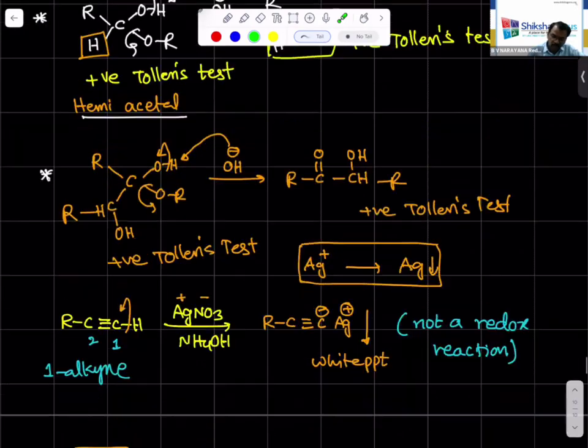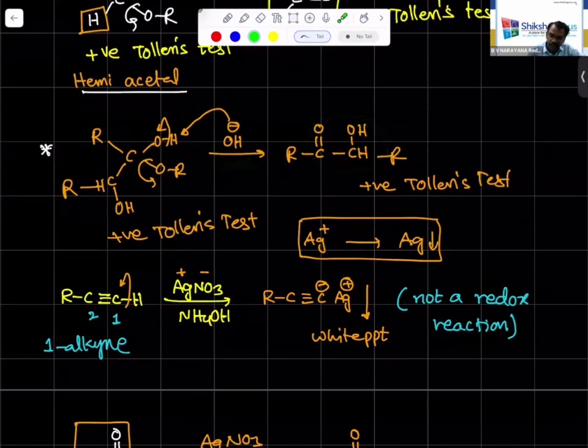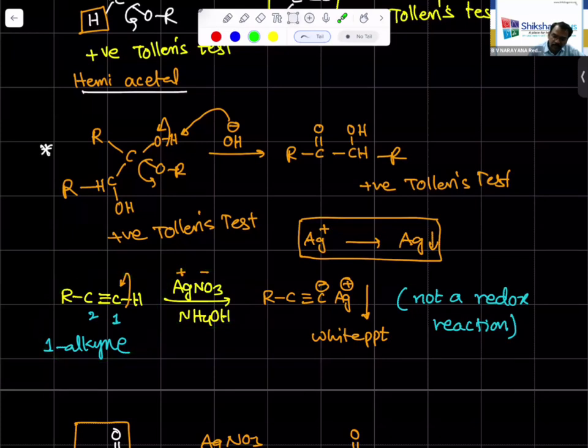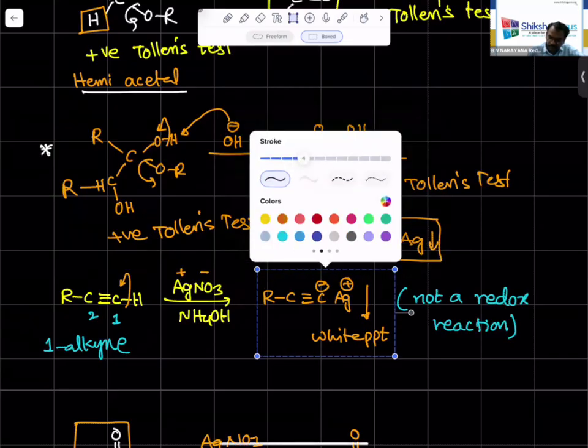Next one is alpha hydroxy ketone. For example, this is an alpha hydroxy ketone. If you have this alpha hydroxy ketone in a basic medium, then the compound becomes positive towards Tollens reagent. 1-Alkynes react with ammoniacal silver nitrate. No doubt, it will convert into a white precipitate.